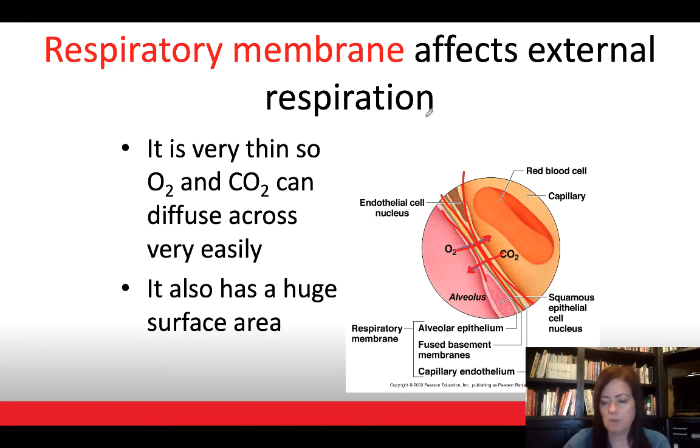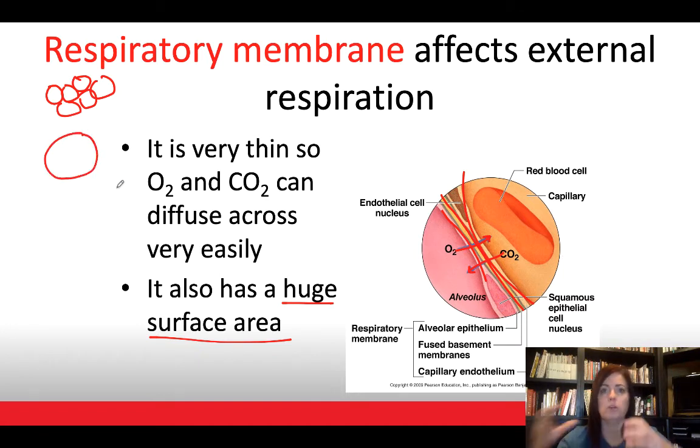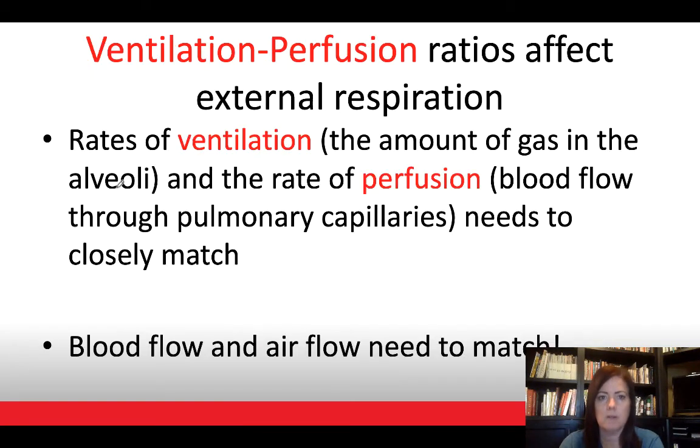So also note that the respiratory membrane has a huge surface area, because we've got all those tiny little alveoli that are put together like this. Much greater surface area like that than if we had just one huge alveolus. So that contributes as well.